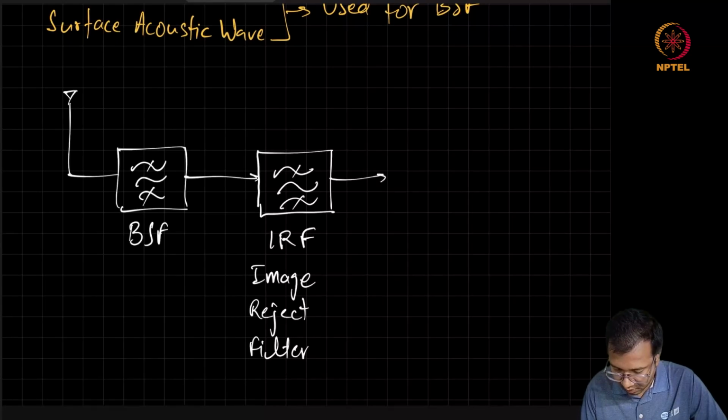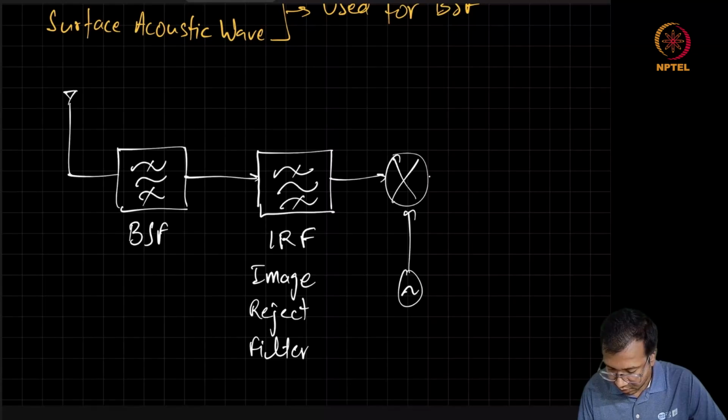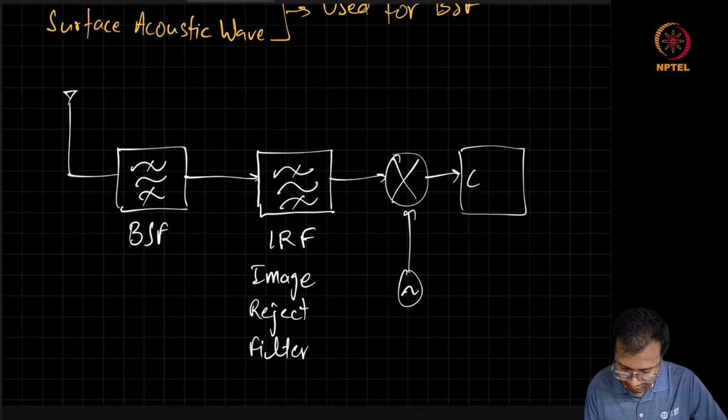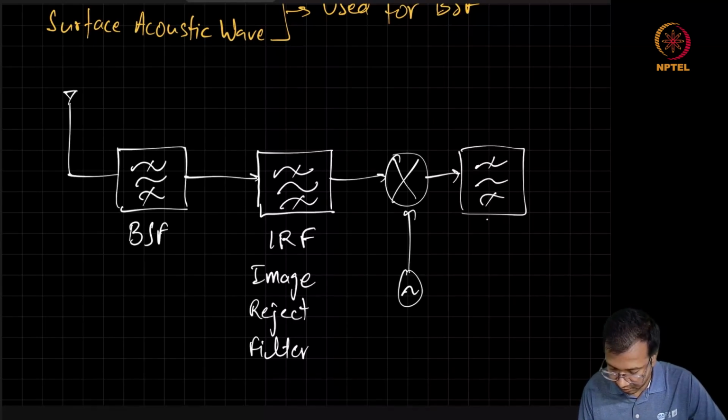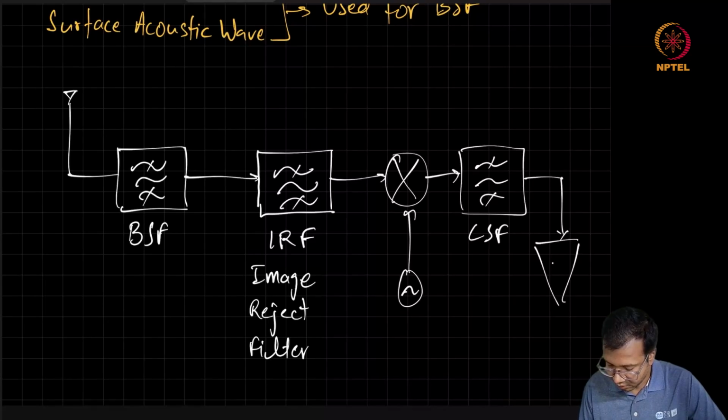And this output is given to the mixer, then the channel select filter. Now it's one more band pass filter. Then we are giving the signal to the VGA.